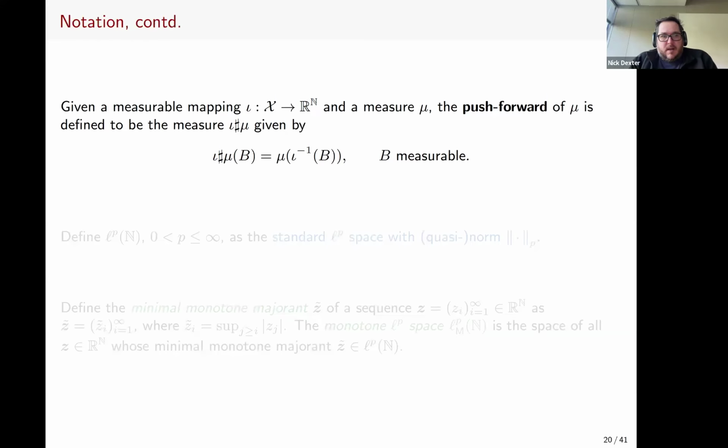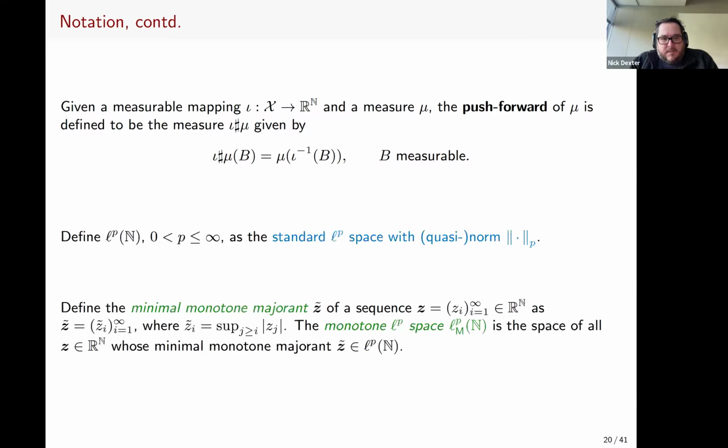Some further notation. Given a measurable mapping iota and a measure mu, we define the push forward of mu as the measure iota sharp mu given by iota sharp mu of B is mu of iota inverse of B, for a measurable B. I'm also going to define the standard ℓp space with the quasi-norm, and the minimal monotone majorant z tilde of the sequence z, where z tilde i is the supremum over j greater than or equal to i of the absolute value of z_j.